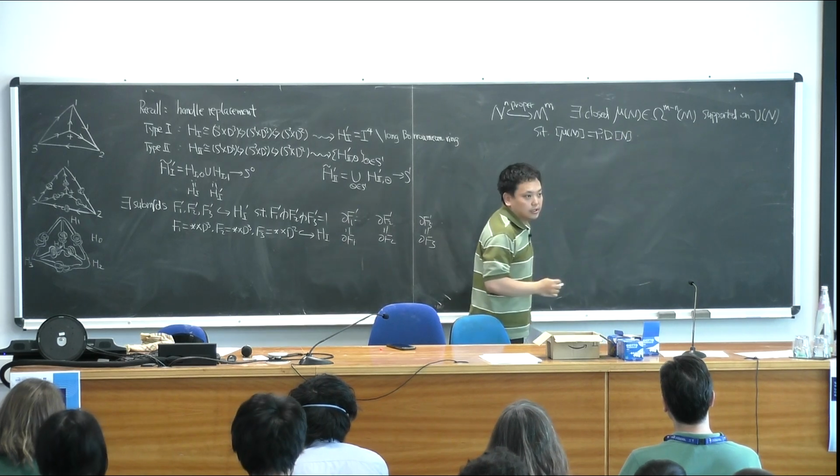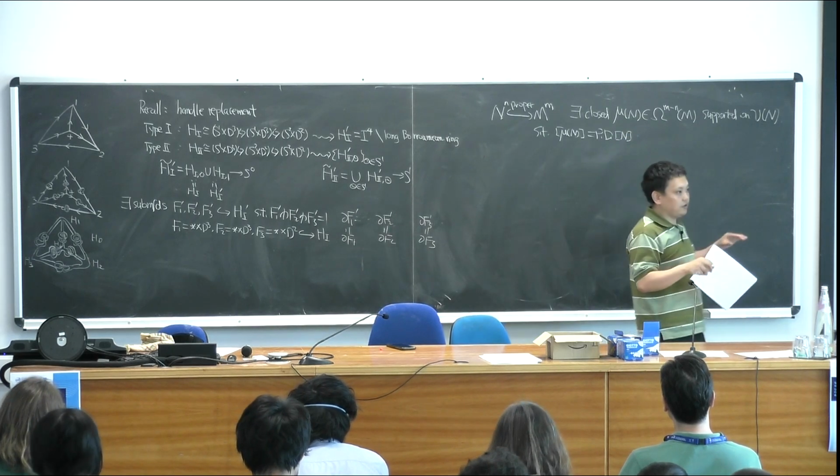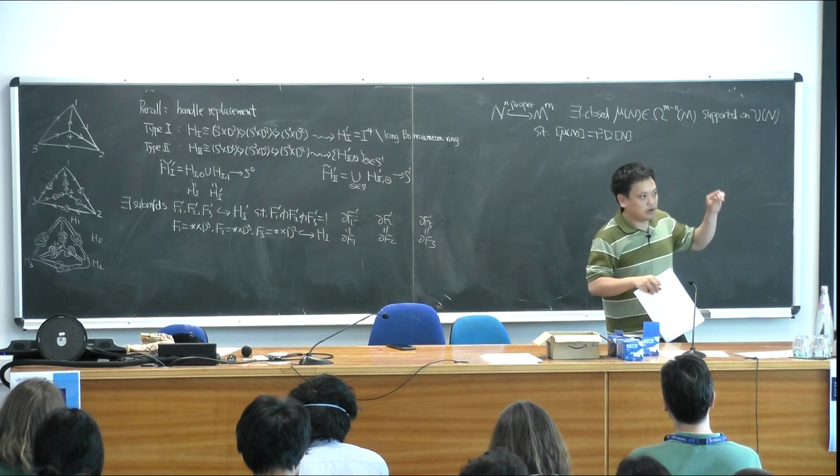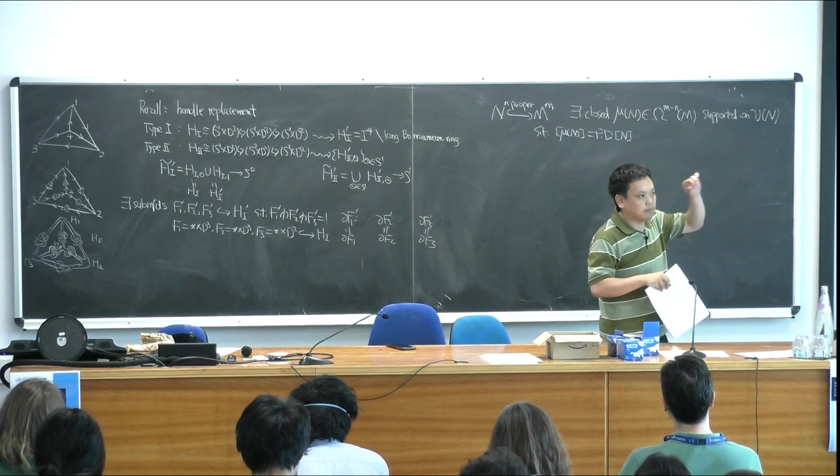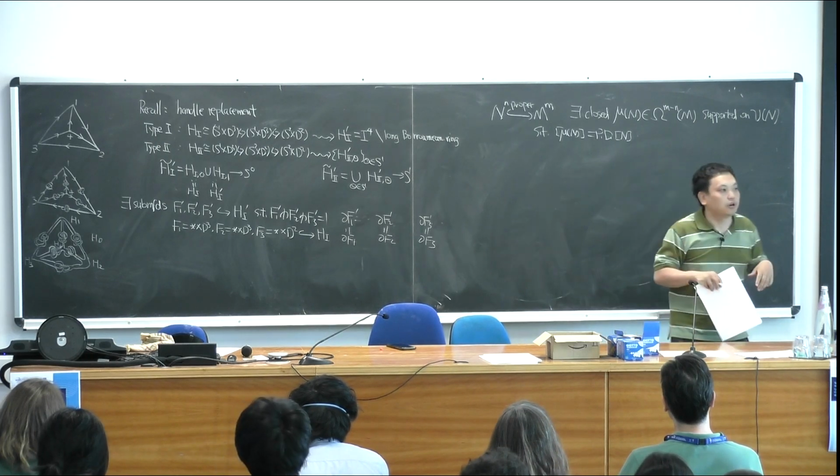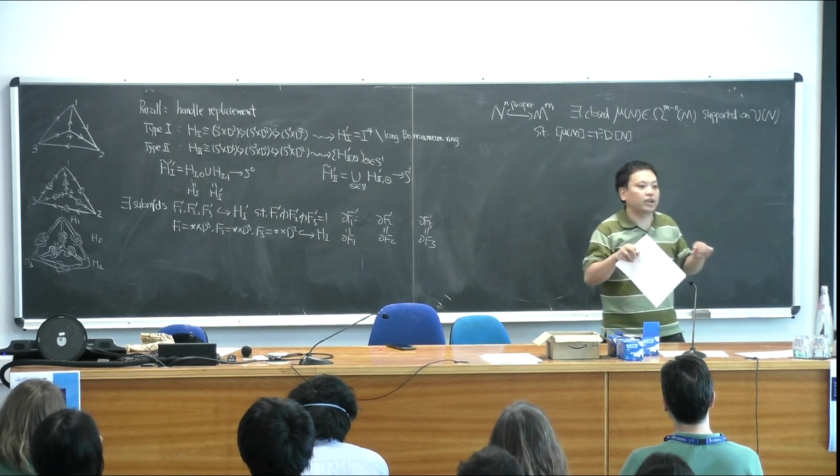So given any submanifold, I can construct a differential form supported in a tubular neighborhood of this submanifold, which represents the Poincare dual of the submanifold. This submanifold can have boundary.